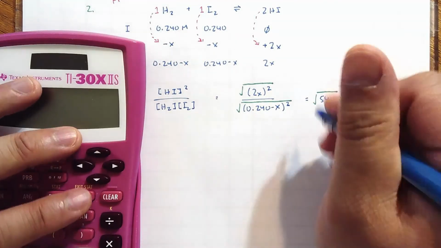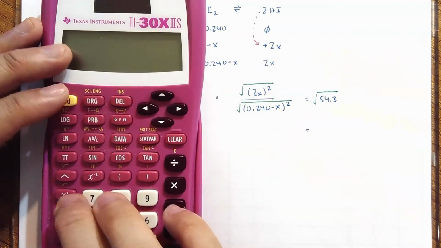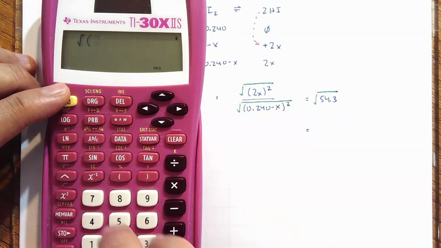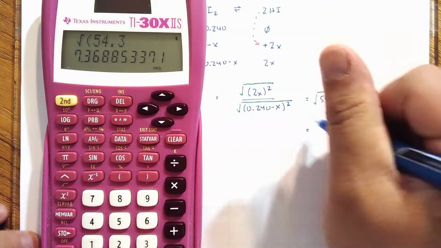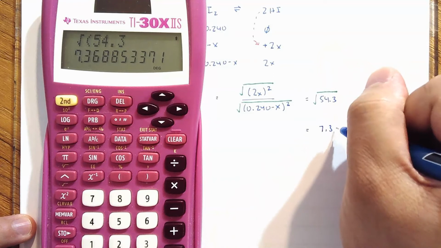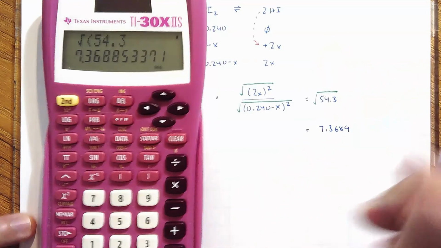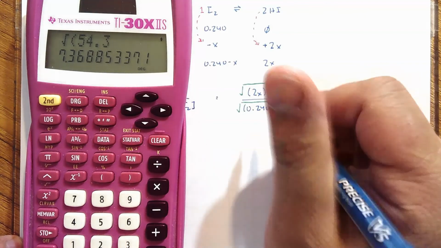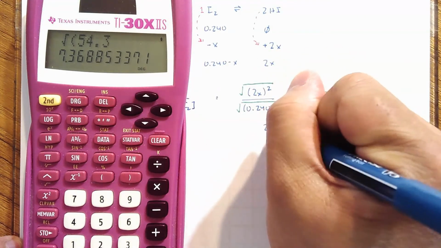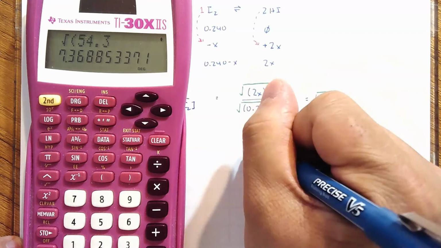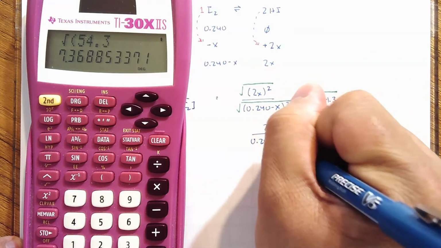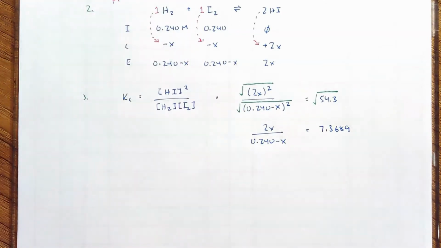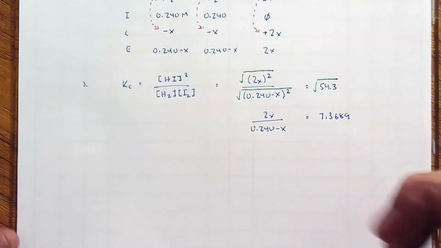So what we have here, let me do this one first, equals the square root of 54.3, 7.3689. You don't want to round until the very end. And then all of this, so now we have 2x over 0.240 minus x. We still have some work to do. It's definitely more complicated than our example 1.